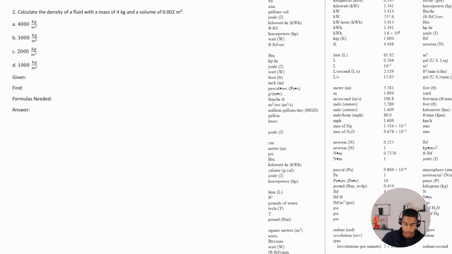I'm going to go with green. So we're given a mass, right? It's 4 kilograms. We're given a volume, 0.002 meters cubed. We're trying to find density.